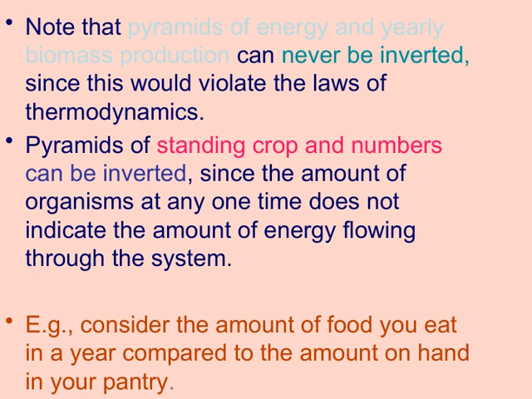So, in summary, the key point is that the directionality of these pyramids depends on what they measure. Energy and biomass production are constrained by physical laws, while standing crop and number pyramids are more about snapshot counts, which can be inverted without violating any principles. This underscores how energy flow and organism numbers, while related, are distinct concepts in ecological systems.